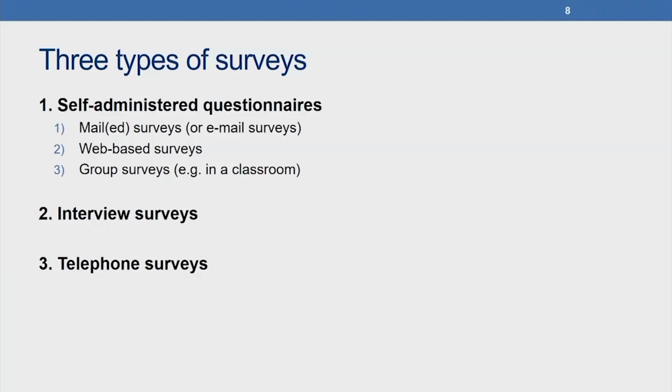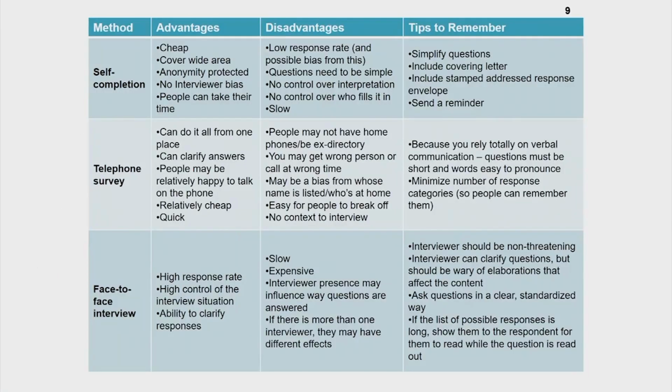And then we can also have telephone surveys. So, let us look at some of the advantages and disadvantages with regard to these different kinds of surveys: self-completion, telephone survey, and face-to-face interview.